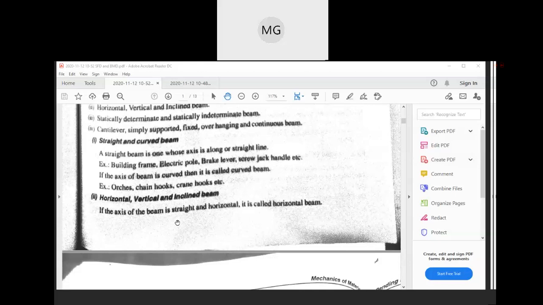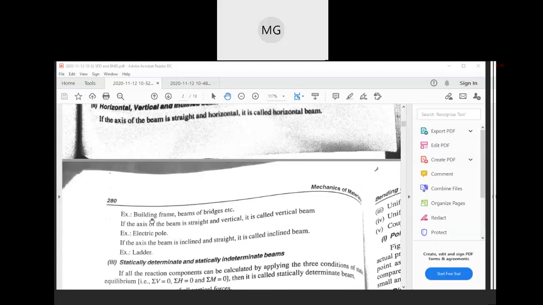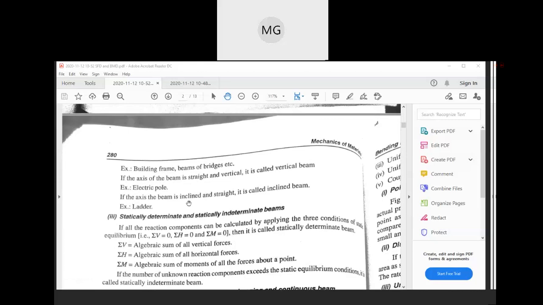If the axis of the beam is straight and horizontal, it is called a horizontal beam, like building frames, beams of bridges, etc. If it is vertical, like an electric pole, it is called a vertical beam. Next, inclined, for which a ladder is given as an example.